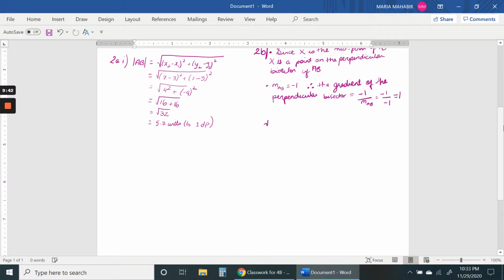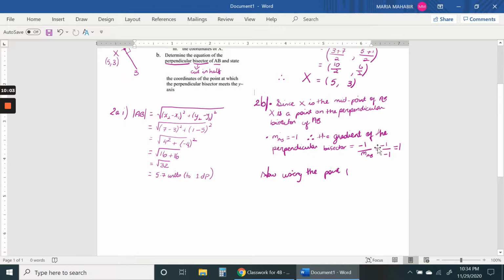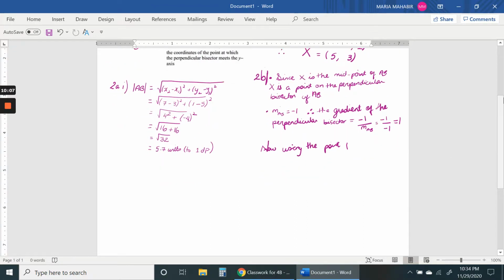So now, using the point (5, 3), because that's X, and the gradient 1, substitute into the equation of a straight line to find the y-intercept.